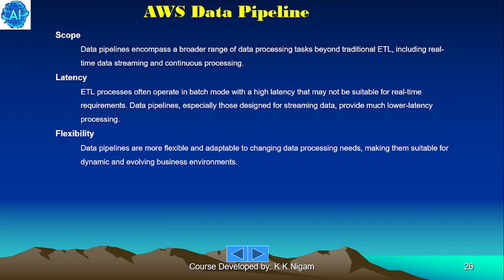Data pipelines, especially those designed for streaming data, provide much lower latency processing. Flexibility. Data pipelines are more flexible and adaptable to changing data processing needs, making them suitable for dynamic and evolving business environments.